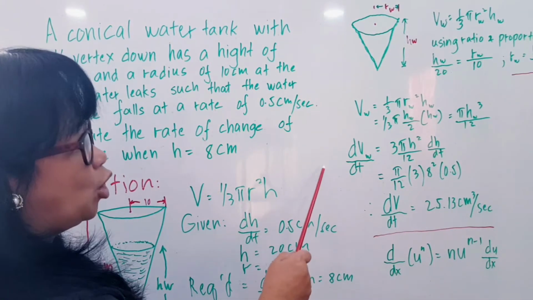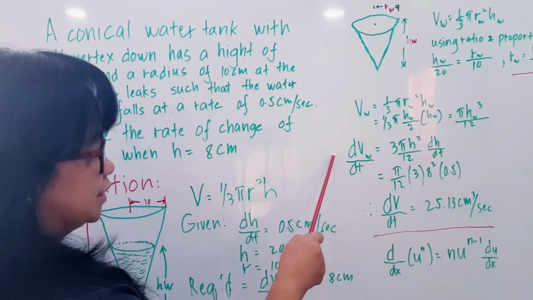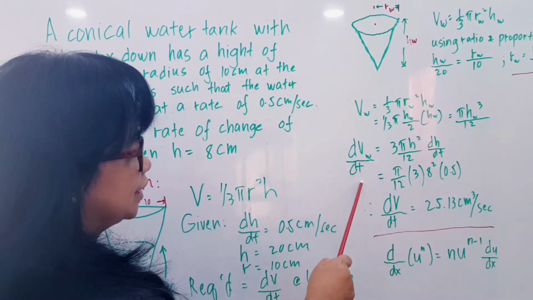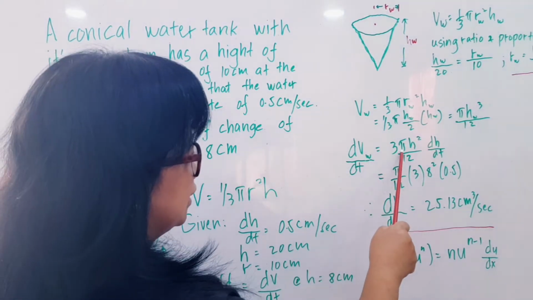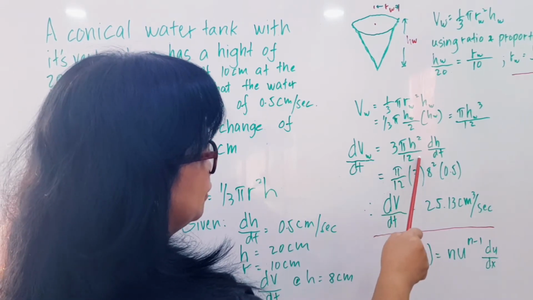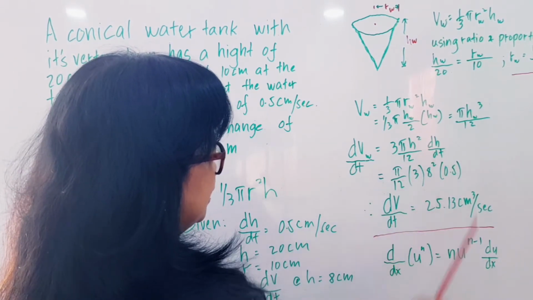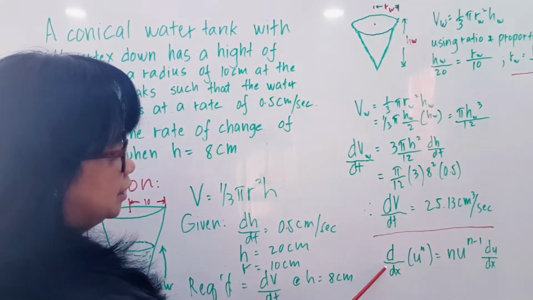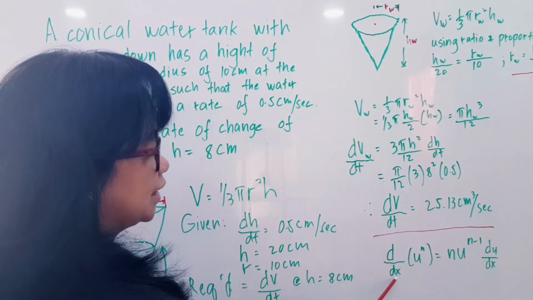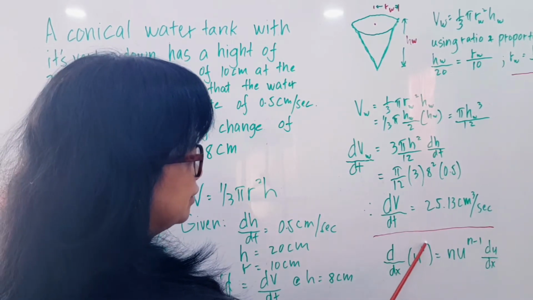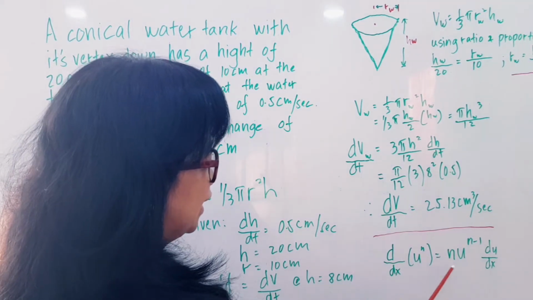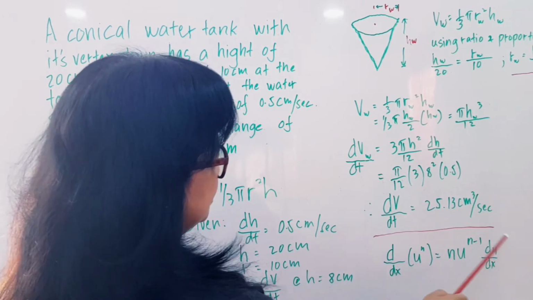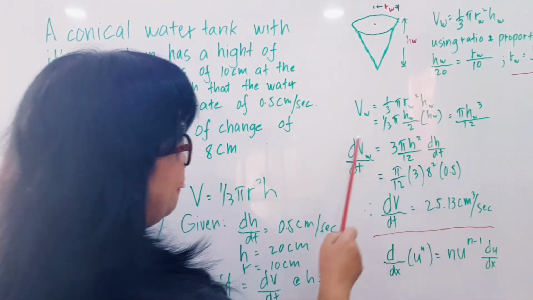That means the rate of change, that means the dV_w over dt is equal to 3 pi h squared over 12 dh dt. Kasi, ang formula ng derivatives is equal to d over dx times u raised to the power n is equal to n u raised to the power n minus 1 du dx. So, ito yung nangyari dito.